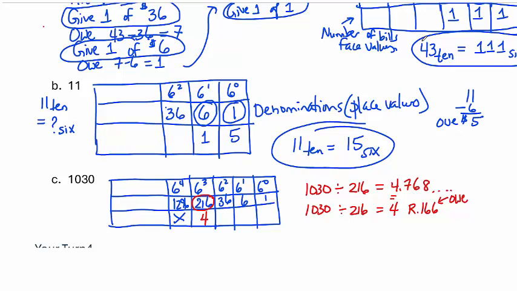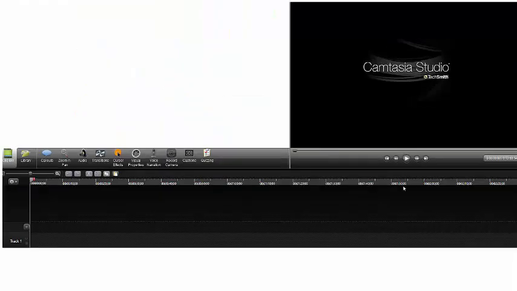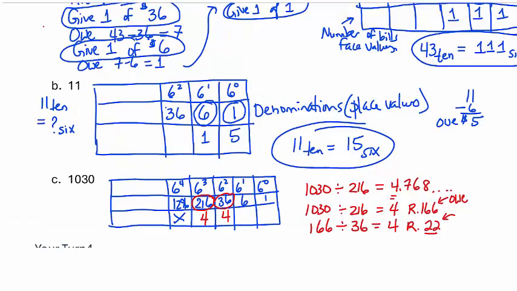So now we need to figure out how many of these $36 bills we need. So what's left, 166, we need to get as many $36 bills as we can. So that's going to be a 4 with a remainder of 22. So after giving 4 of these $36 bills, we're going to still owe $22.